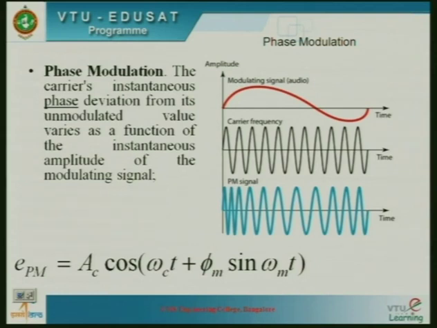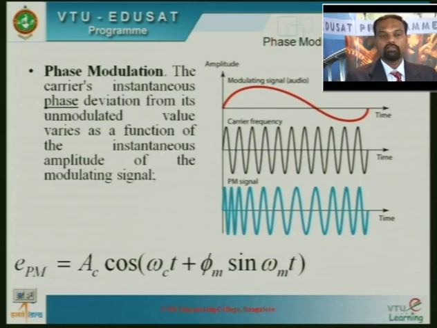Because the phase of the carrier is being affected, the frequency also gets affected in a phase modulated signal. That is, the carrier's instantaneous phase deviation from its unmodulated value varies as a function of the instantaneous amplitude of the modulating signal, and that is the definition of phase modulation.